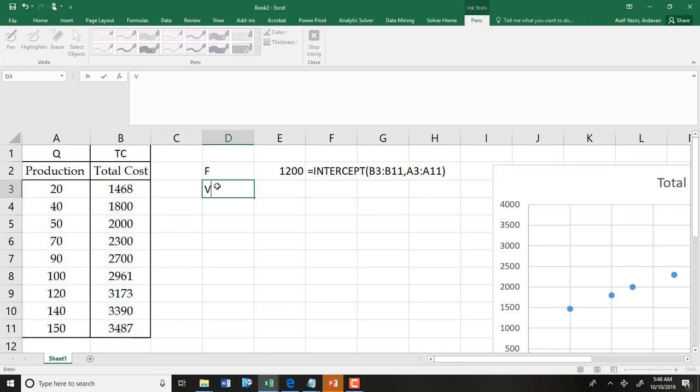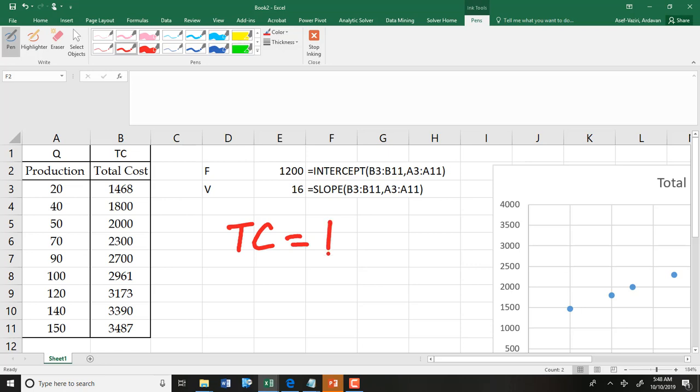Now I go here and type variable cost, equal to the slope of these numbers versus these numbers. So I found my variable cost and I found my fixed cost. And my total cost equation is equal to fixed cost plus variable cost times quantity. That is the equation of the line.